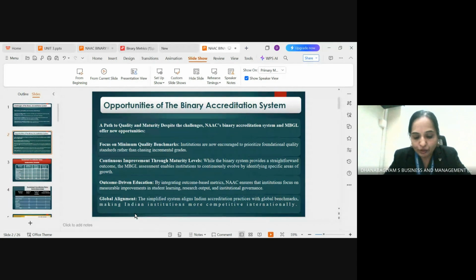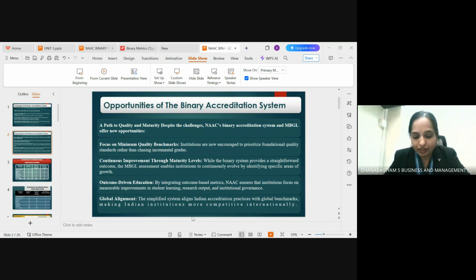When you talk about the highlights of binary accreditation, initially the metrics will be followed here also, and we will have the evaluation. Instead of criterion evaluation, here we talk about attributes. I think yesterday he gave a detailed introduction about what binary accreditation is.